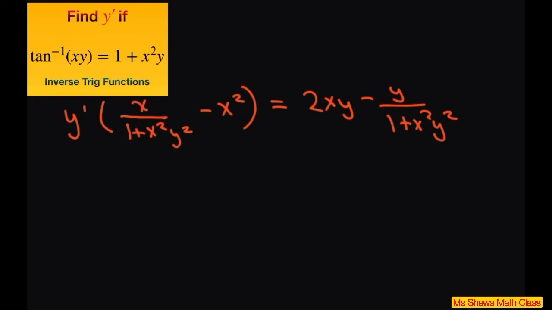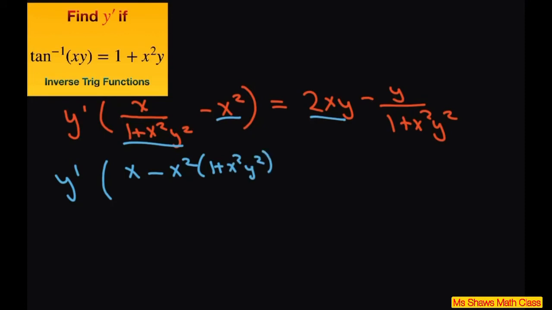Now let's do the common denominator. So we have y prime times x minus x squared times this. So that's going to be 1 plus x squared y squared, all divided by 1 plus x squared y squared, like that.